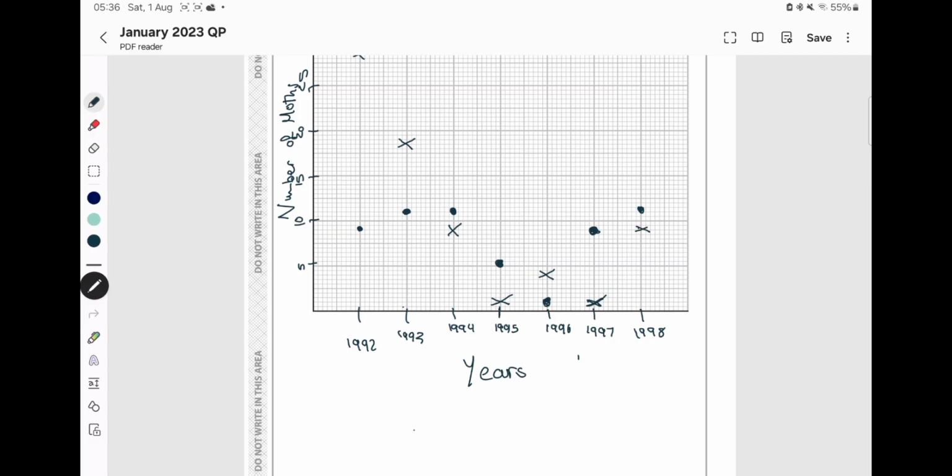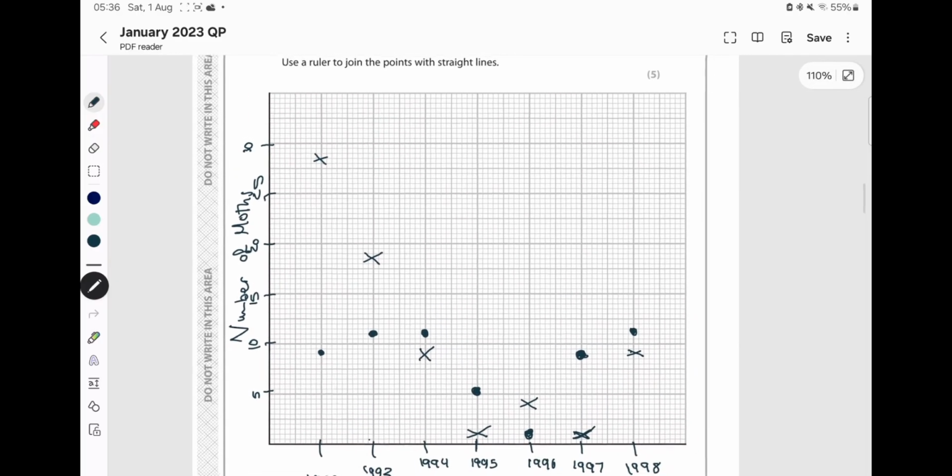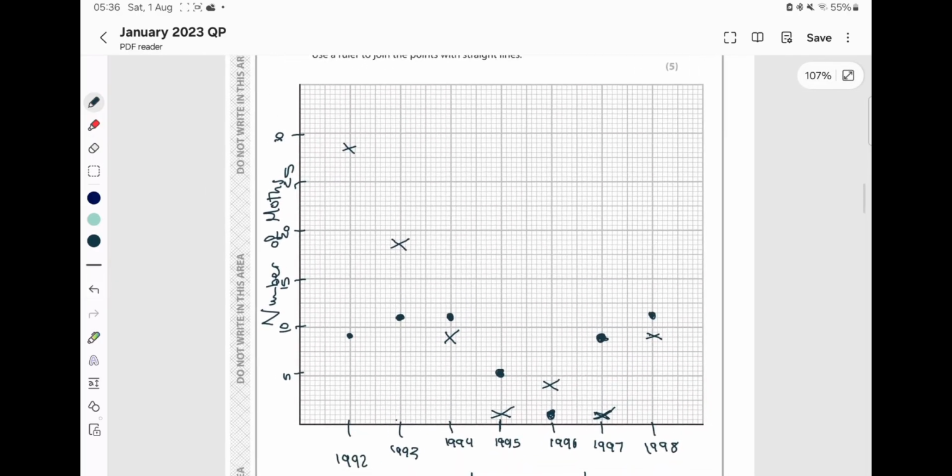Okay, now once you've plotted all your points, you're gonna go ahead and connect them with a ruler. I'm gonna use this tool on the iPad because I don't have a ruler on here.